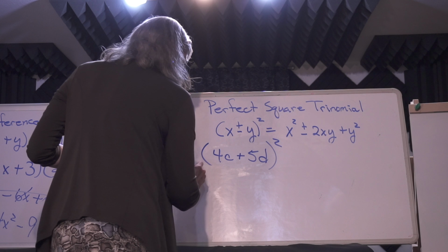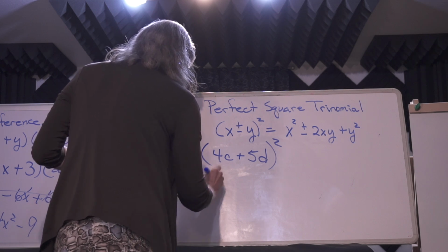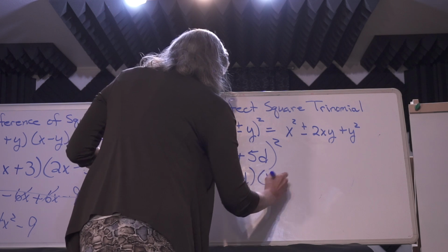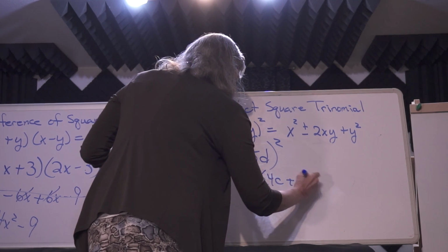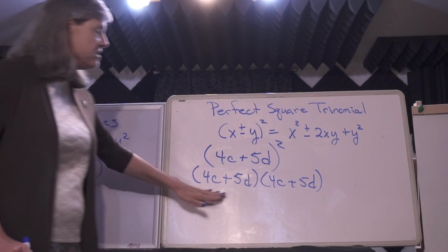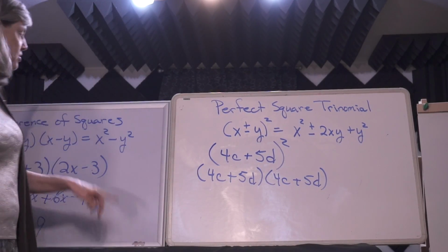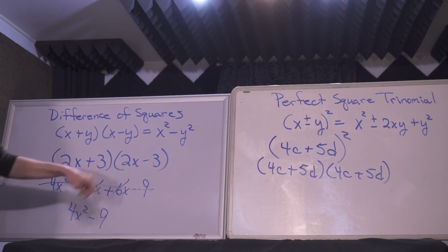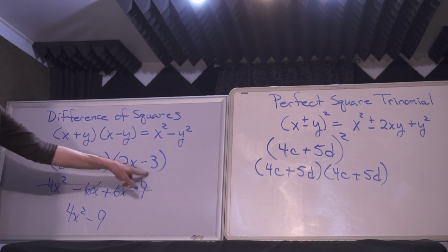Okay? Let's look at this just a minute if we do it the long way, which I don't want you to do. This is really the same thing twice. So notice how it's different from a difference of squares, where our x's are the same, our y's are the same, but our signs are different.